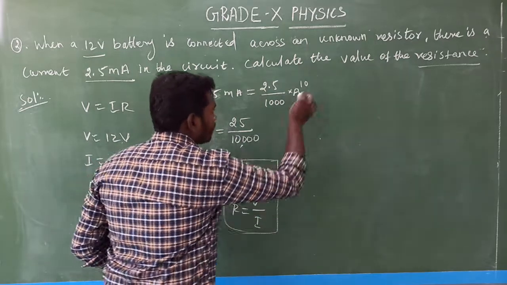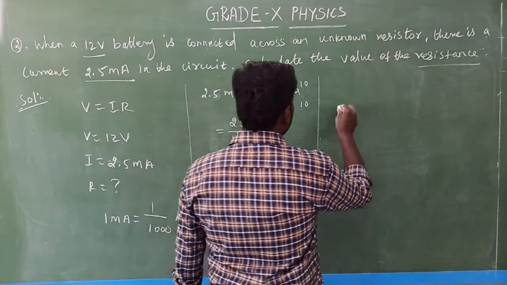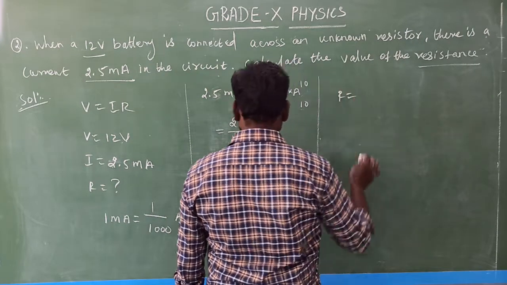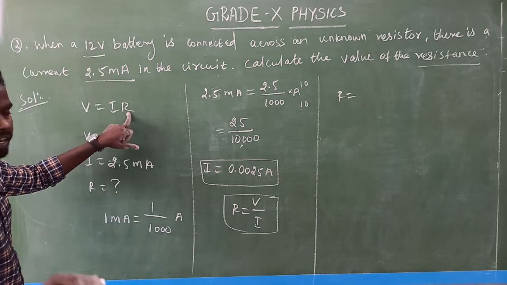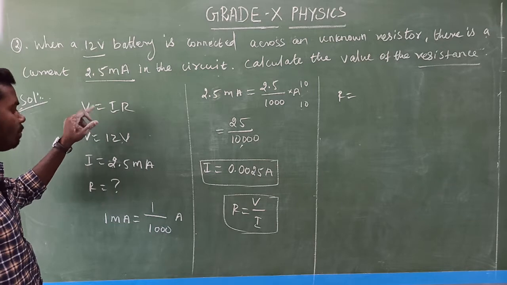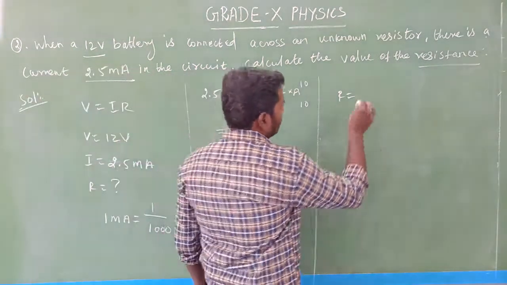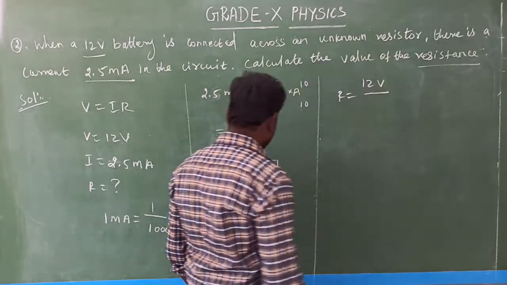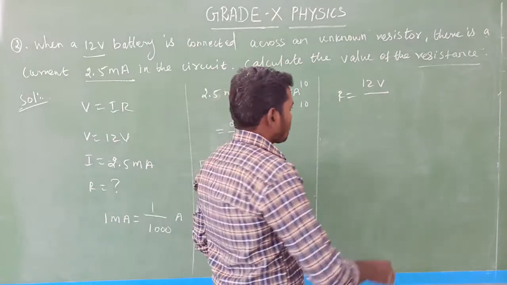According to Ohm's law, V equals IR. If you need the R value, when I comes to this side, multiplication becomes division, so we get V by I. The V value is 12 volts, divided by the I value, which is 0.0025.